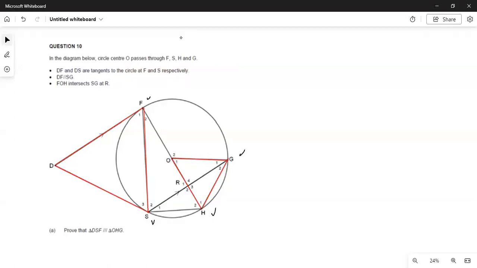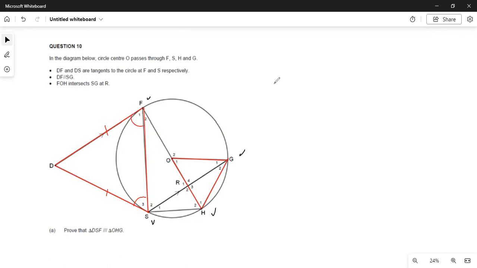We know that if we have tangents that are drawn from the same point, then DF is equal to DS, and that would also mean that F1 is equal to S3. Right?